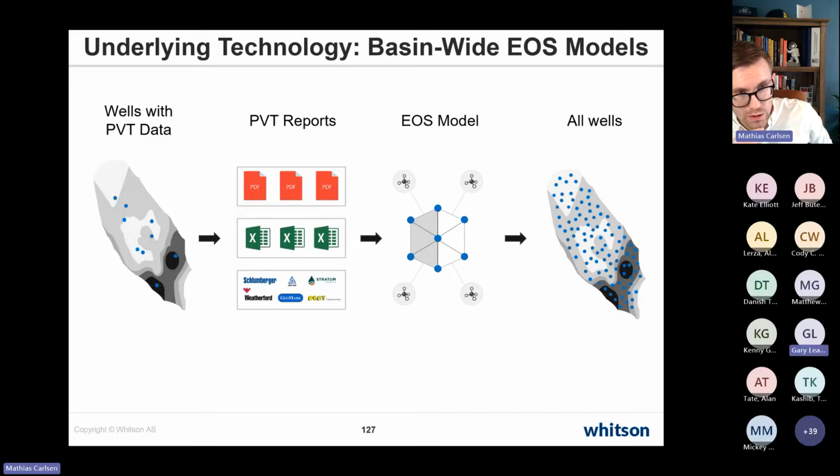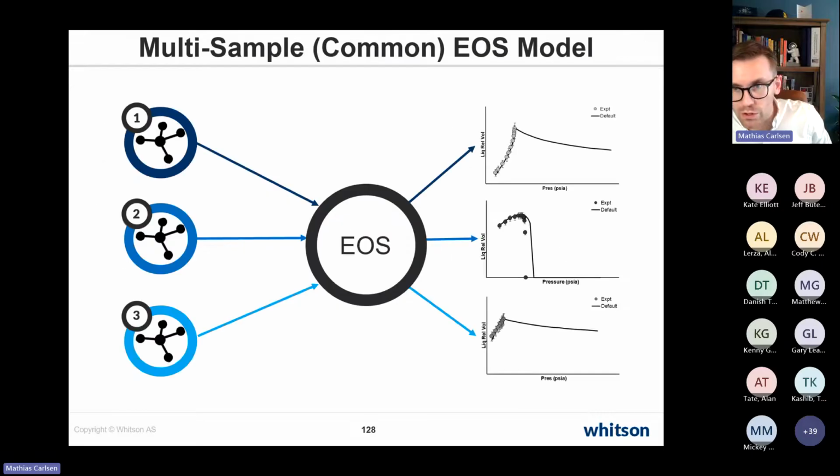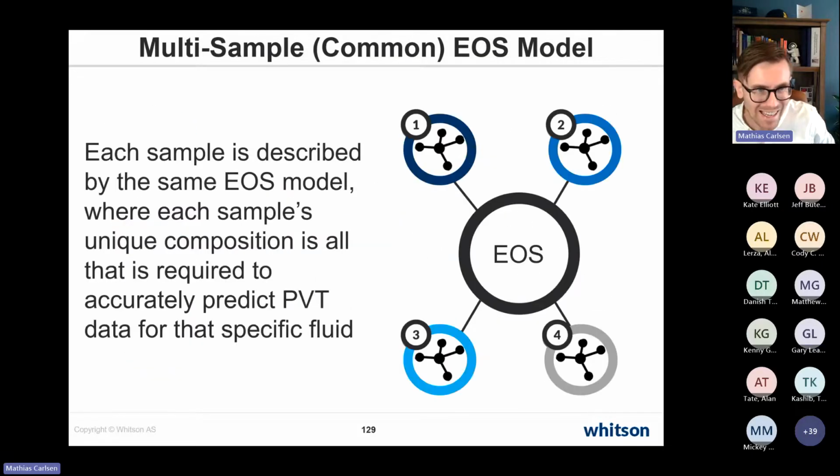You could, for instance, just use something as little as the GOR that we went through in the exercise earlier today. This is what we call a multi-sample equation of state, where the definition is that each sample is described by the same equation of state model, where each sample's unique composition is all that's required to accurately predict PVT data for that specific fluid.